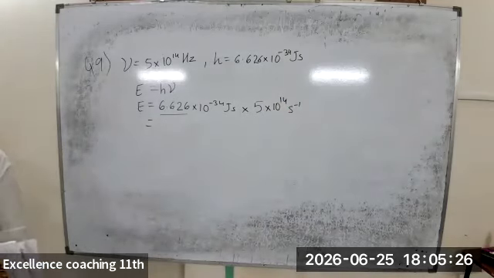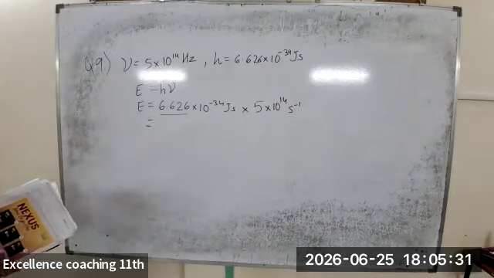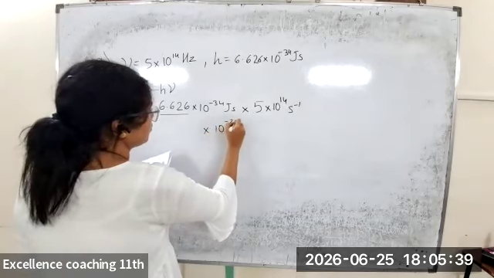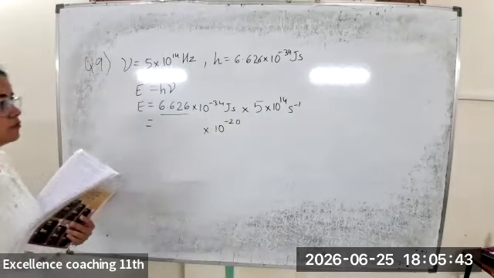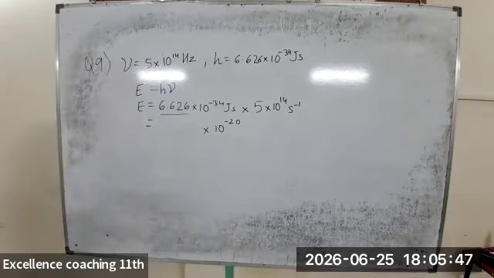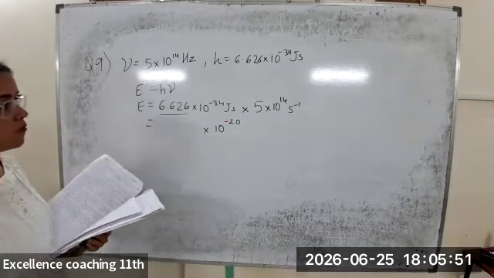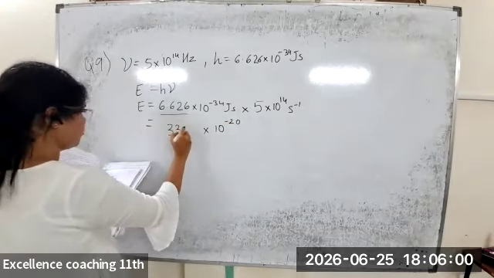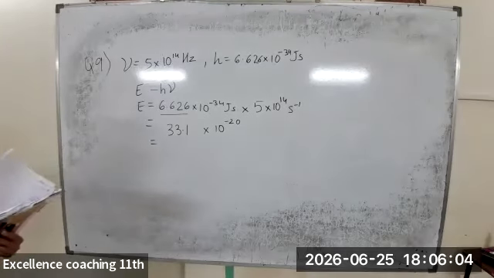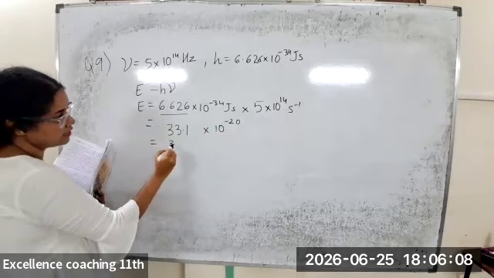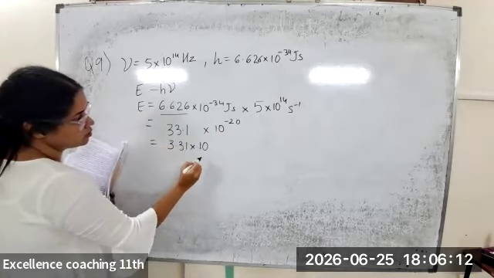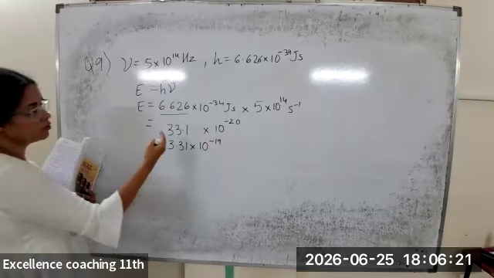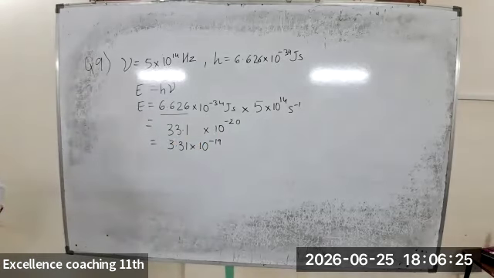Thirty-three point one. So you can keep this, or you can also write 3.31 into 10 raised to minus 19.